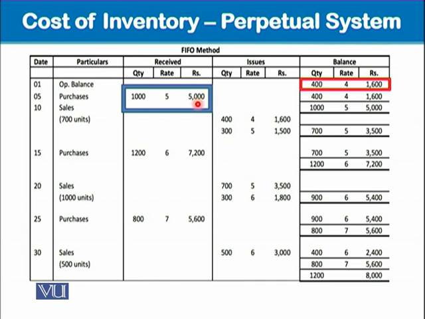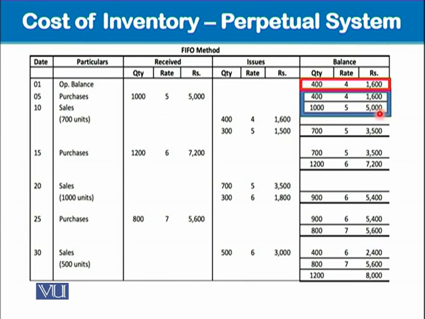So how will we present this in the balance column? In the balance column, we bring down the 400 from the previous balance like this, and the 1,000 will be coming up over here.